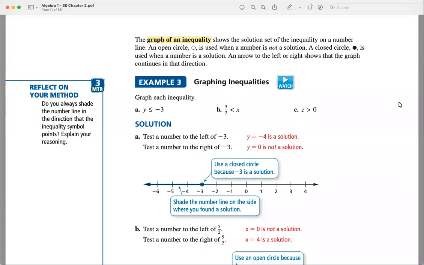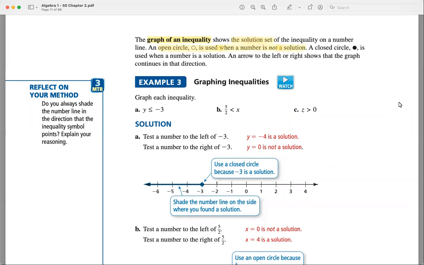On page 92, now we're going to review how to graph inequalities on the number line. You've been doing this since you were quite young, definitely since you started middle school. So the graph shows the solution set. An open circle is used when a number is not a solution.